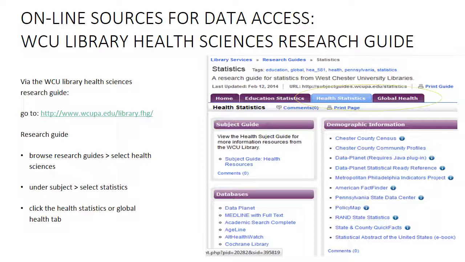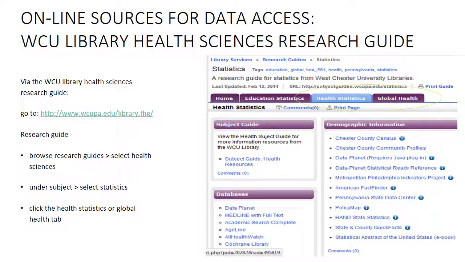The default one is OneSearch, but there's another tab called Research Guide, and you can browse those guides in order to find the Health Science Guide. Then under the Health Science Guide, you'll want to select the Statistics subject, and that will take you to the Statistics page.